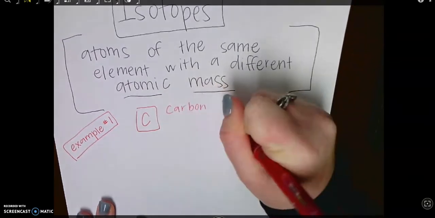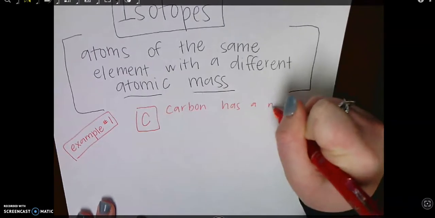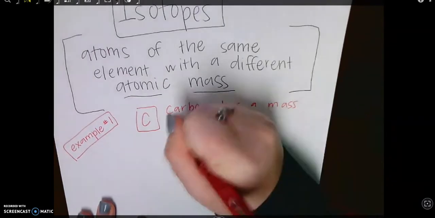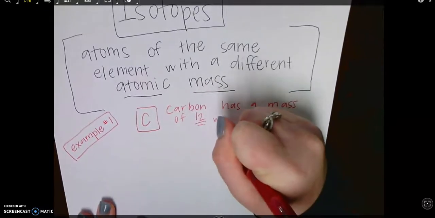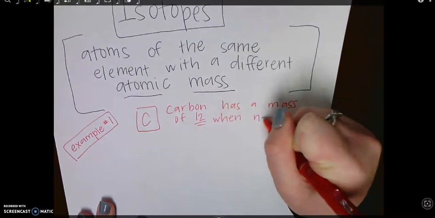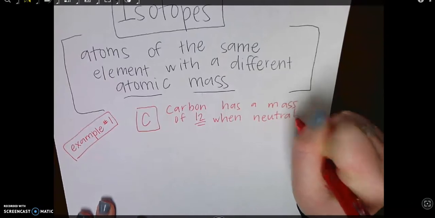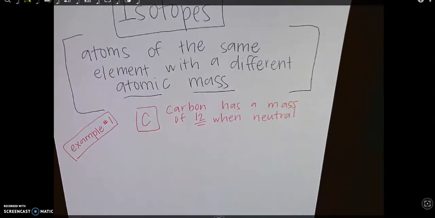Carbon has a mass number of 12 when it's in its neutral form. So carbon has an atomic number of 6. So we know that 6 of those particles in the mass number or in the nucleus are going to be protons, and the other 6 are going to be neutrons.